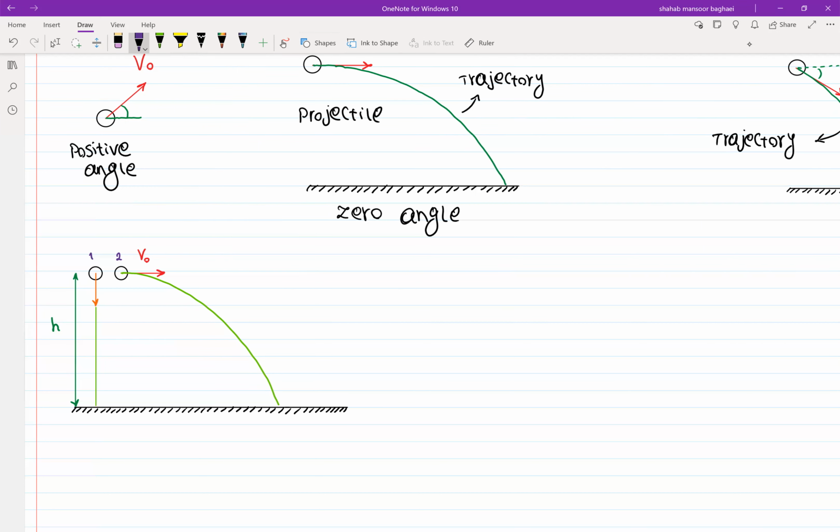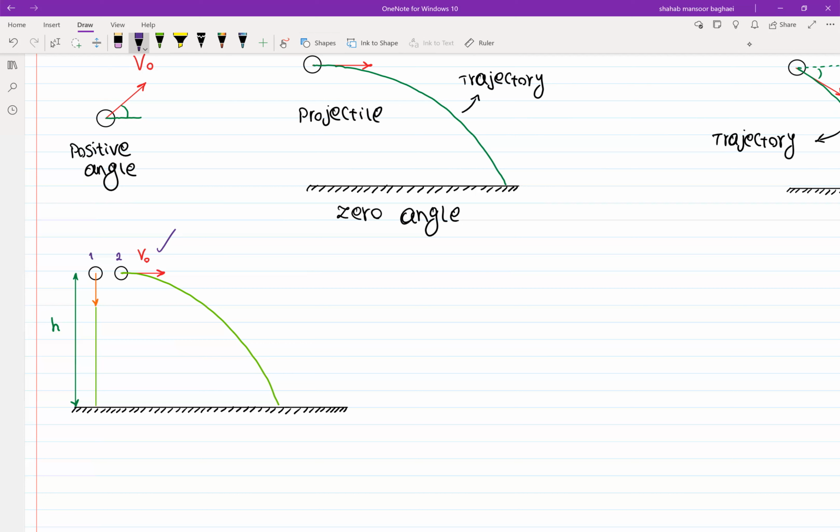Pay attention, V0 here, it is horizontal velocity. It is not vertical velocity. Therefore, here, you should focus on the initial vertical velocity for second object because gravity is vertical.